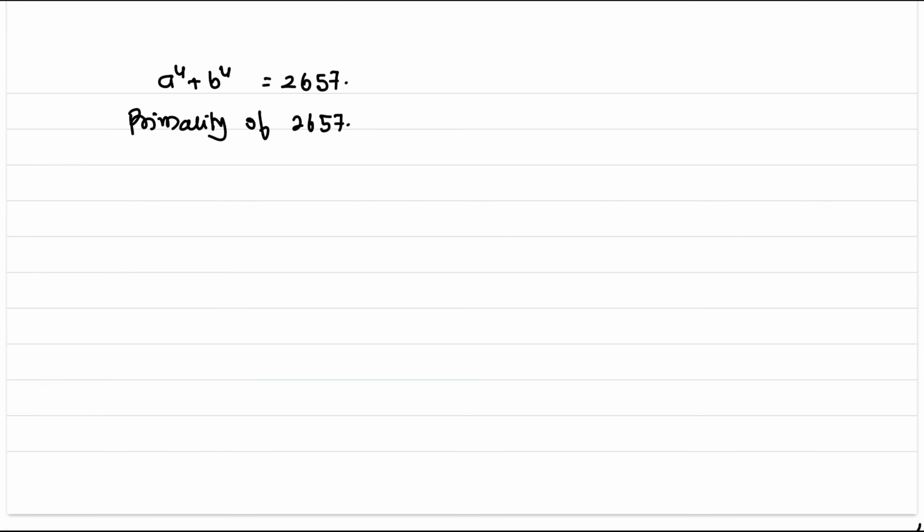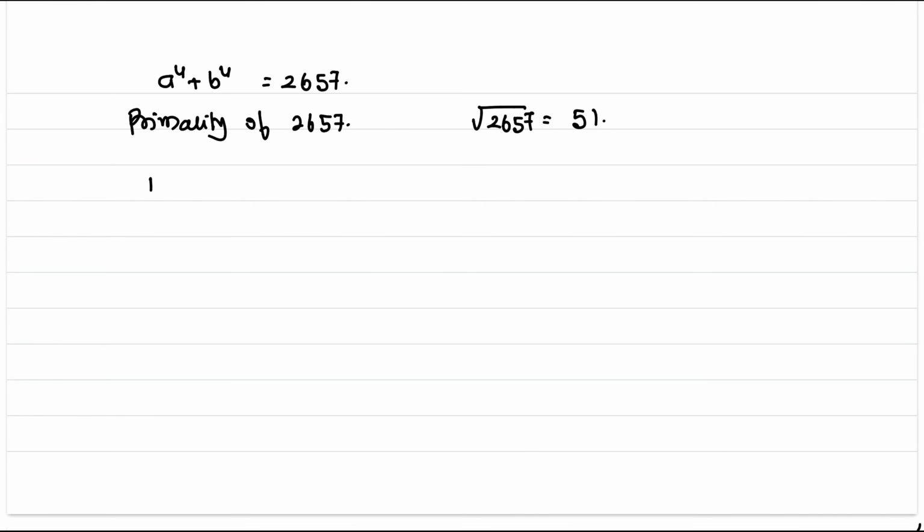Just check up. The square root of 2657 is approximately 51. That means we have to divide by every prime less than 51 and see whether it is a prime number or not.